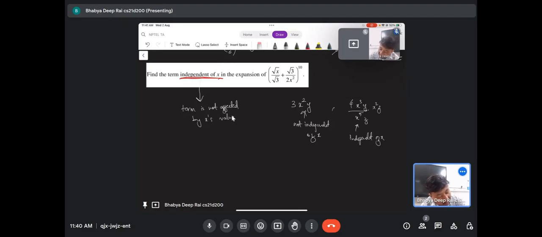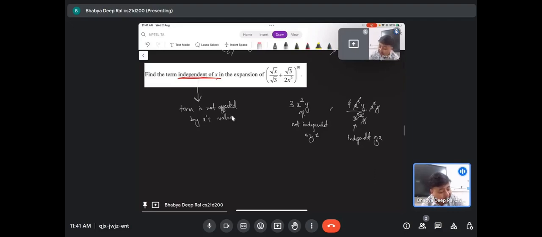Why? Because I can cancel off x square, and I can cancel out z, which is nothing but 4y, right? It's nothing but 4y. So there is no x in the term actually.